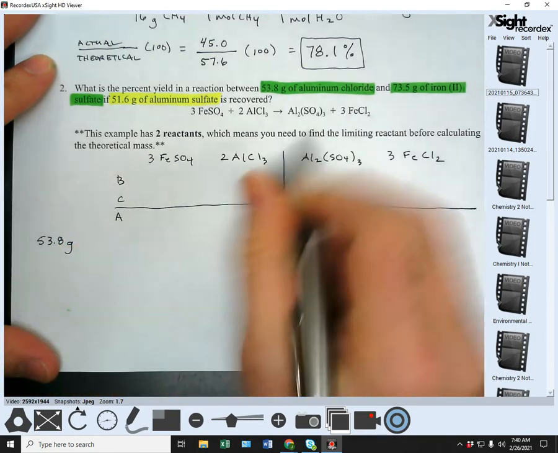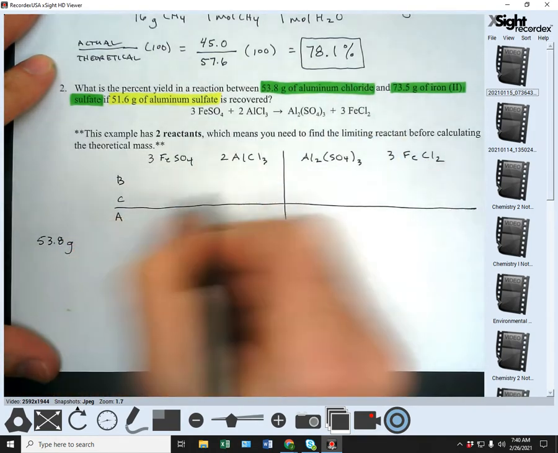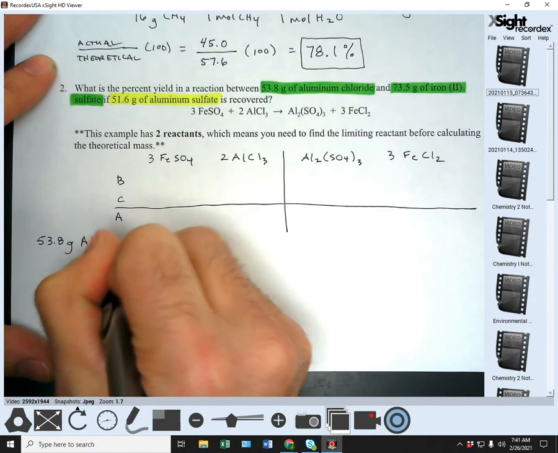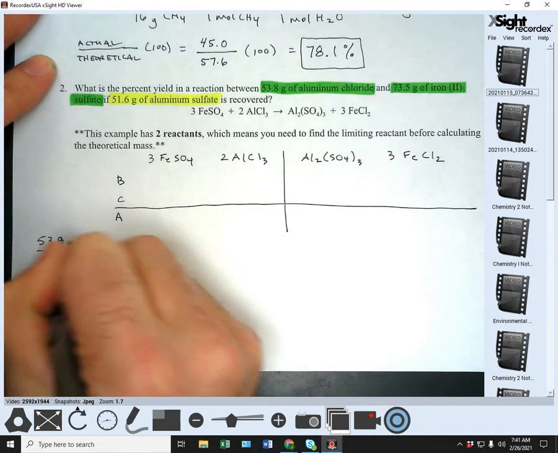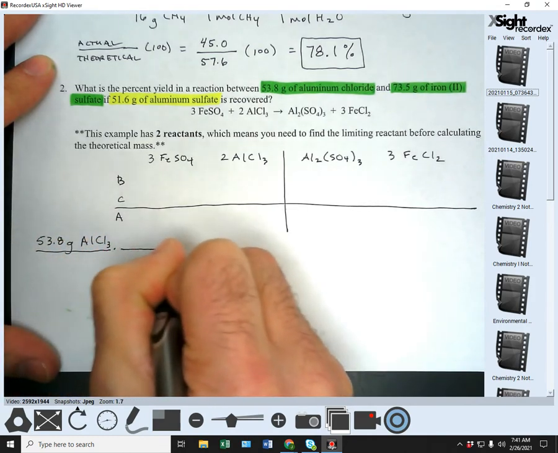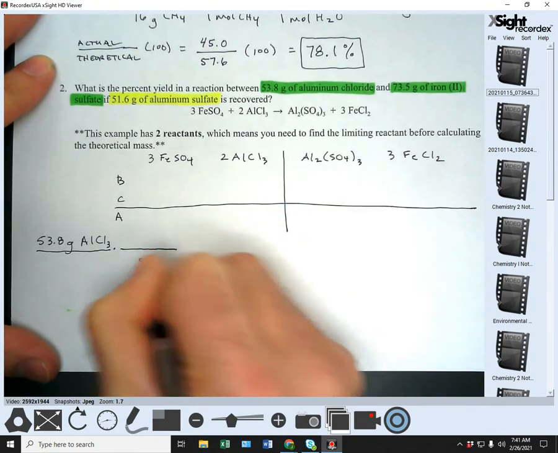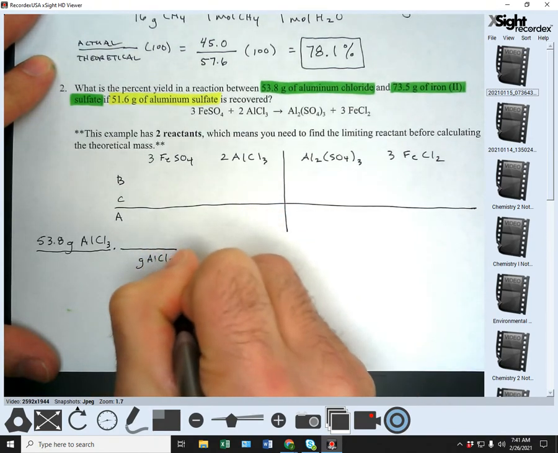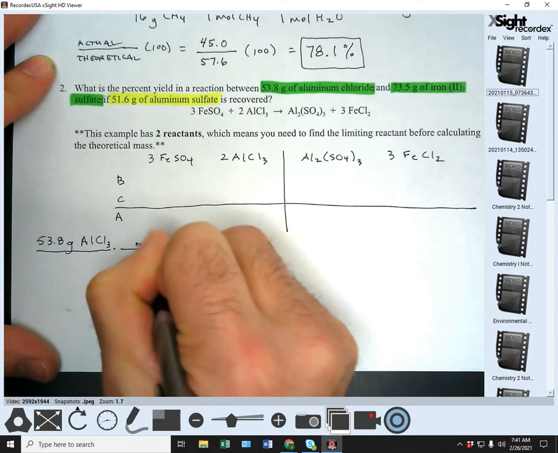So 53.8 grams of the aluminum chloride, so that's the AlCl3. And I'm going to convert grams of AlCl3 into moles AlCl3.